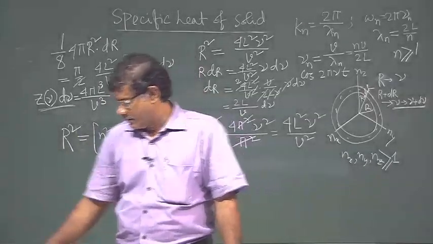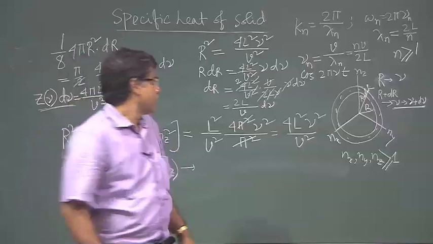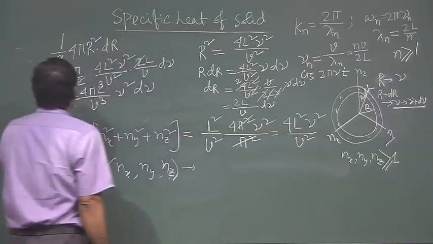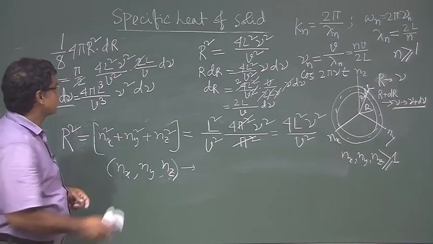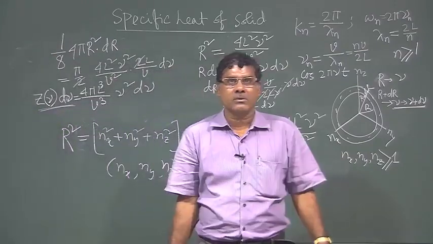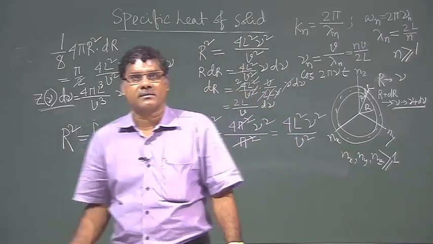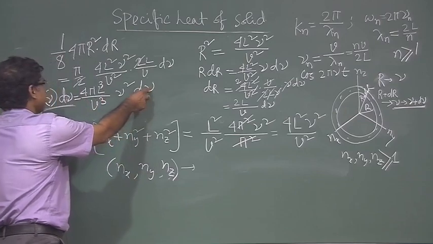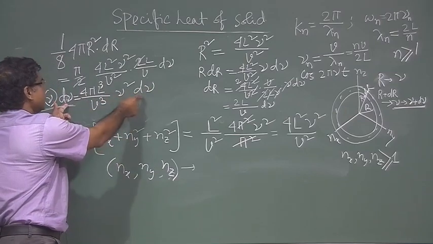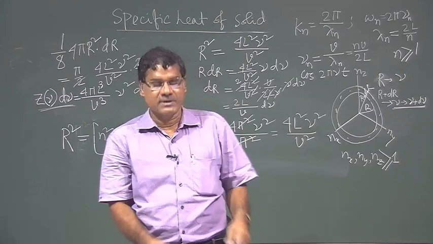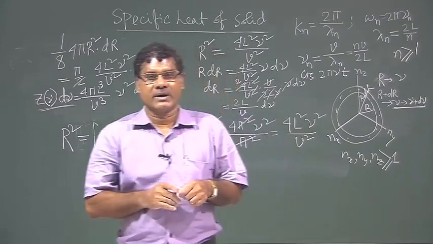So, I will continue our calculation. What we have seen is this density of states, the density of modes of vibration, in the range of frequency nu to nu plus d nu.